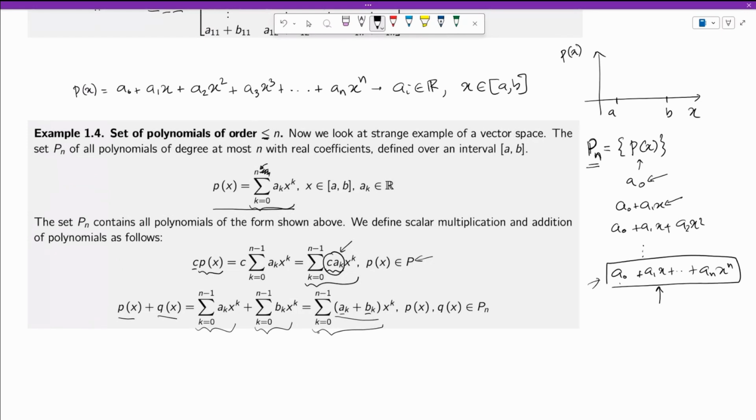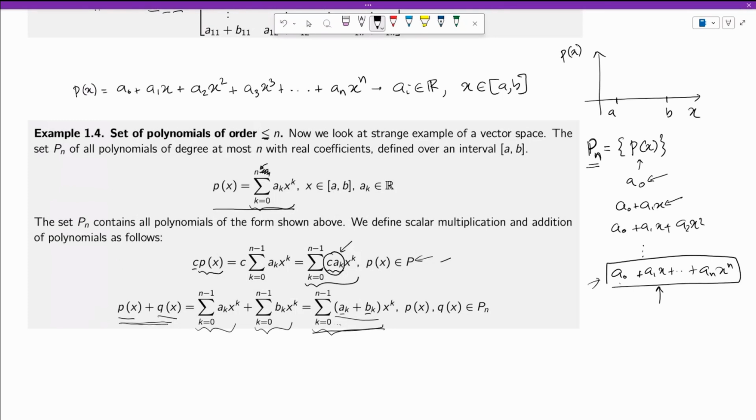That means the resulting polynomial is a polynomial of order less than or equal to n, whose coefficients are real numbers. That means this polynomial should be in Pn as well, because Pn is a set of all polynomials with order less than or equal to n, whose coefficients are real numbers. So in the way vector addition is defined here, this set of polynomials is also closed under this addition operation.